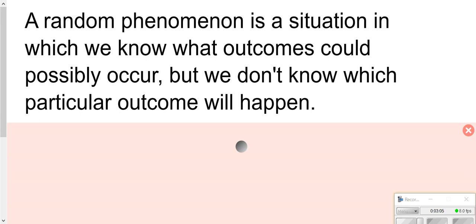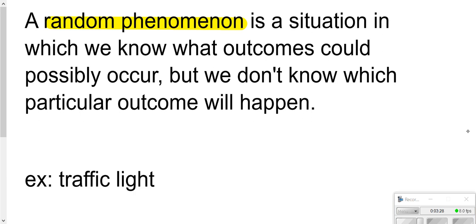Okay, a random phenomenon. This is, again, a lot of vocabulary, kind of like at the start of any unit. We have to pin down our vocabulary. The term random phenomenon is given to any situation where we know what the outcomes could possibly be, but we don't know which outcome is going to happen. An example of this would be driving up to a traffic light, or as my husband from Wisconsin calls it, a stop and go light.